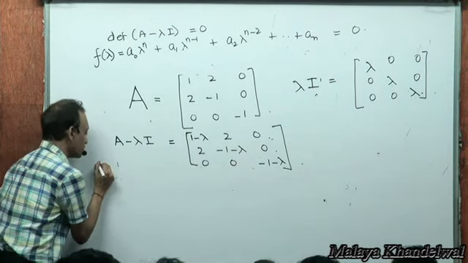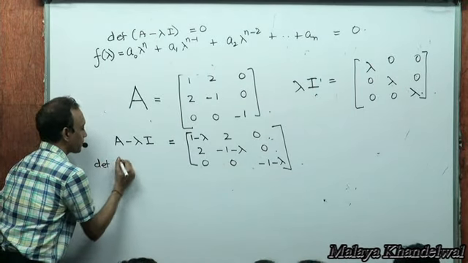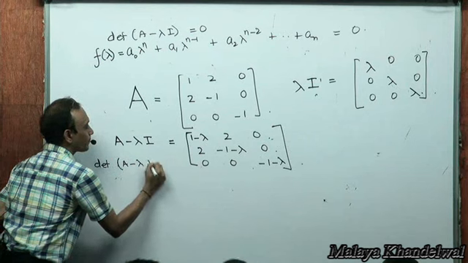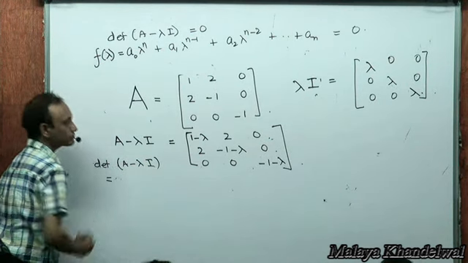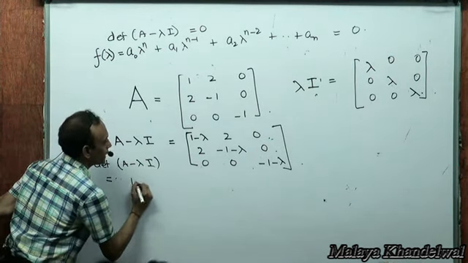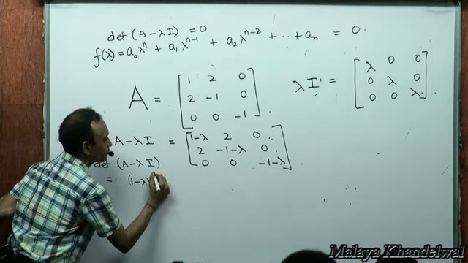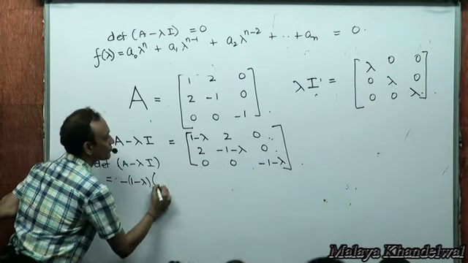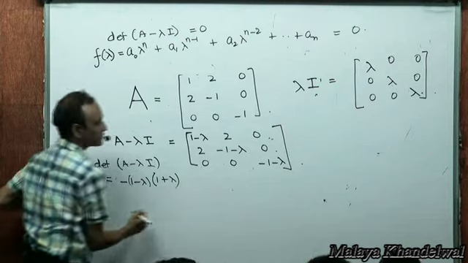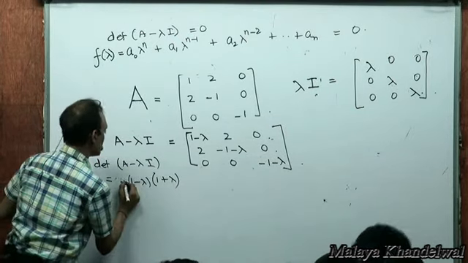So the determinant of A minus lambda I is what? 1 minus lambda into minus of 1 plus lambda into minus of 1 plus lambda.